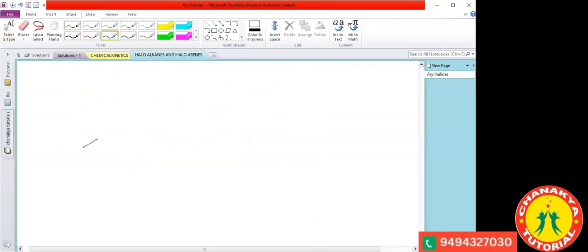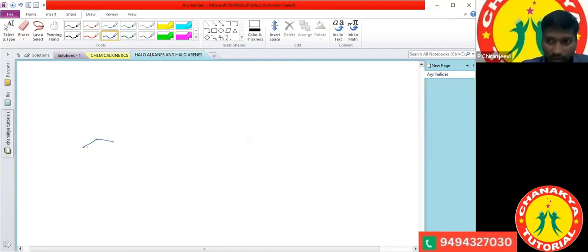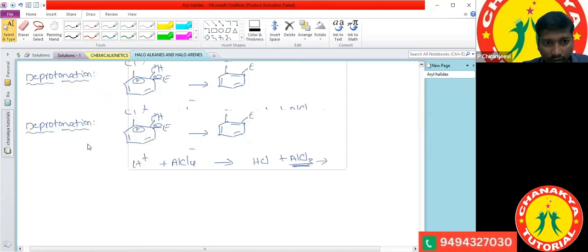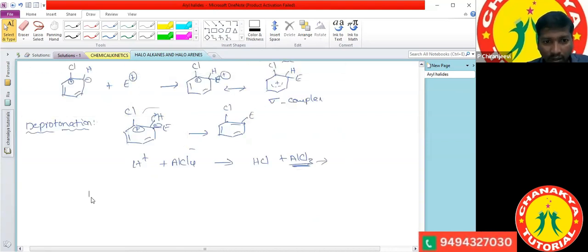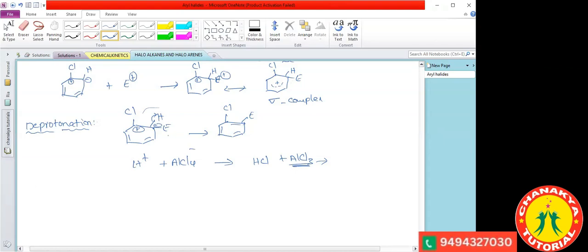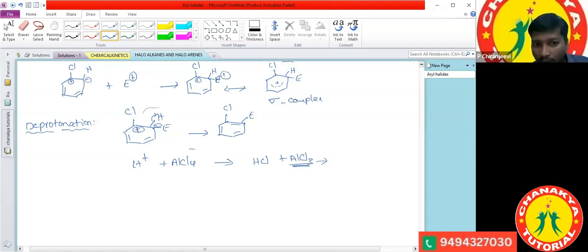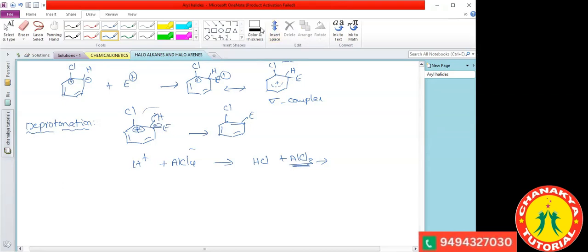Sir, could you explain deprotonation again? Yes. First, what happens here? We got the sigma complex. Is that clear? The double bond is gone. So is the sigma complex having a positive charge or a negative charge?